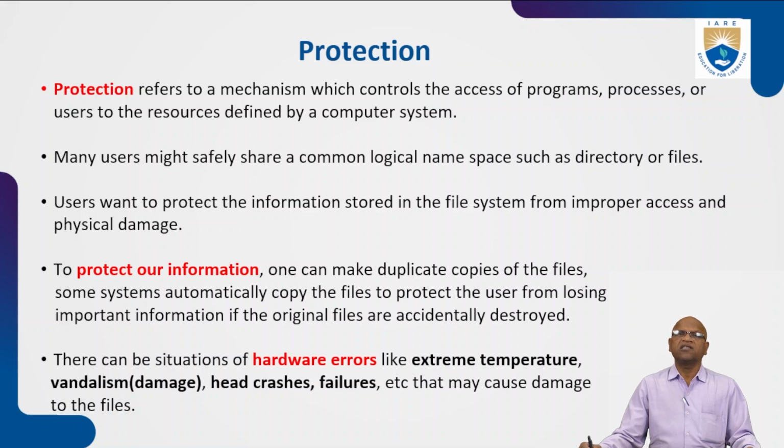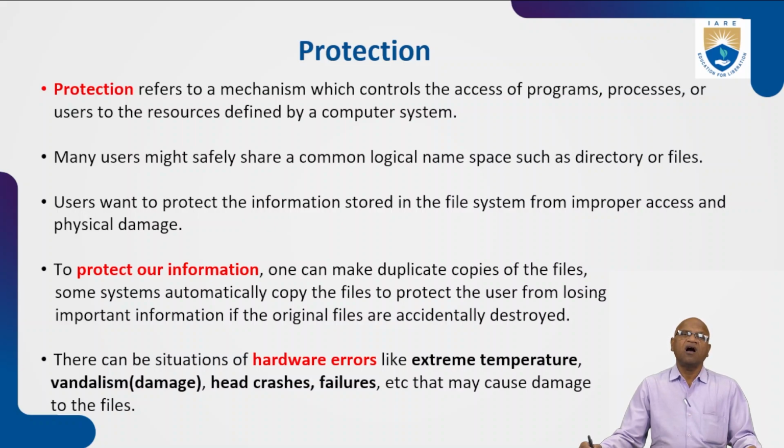Many users might safely share a common logical name space such as a directory or files. Users want to protect the information stored in the file system from improper access and physical damage to the originality. To protect our information, one can make duplicate copies of the files.